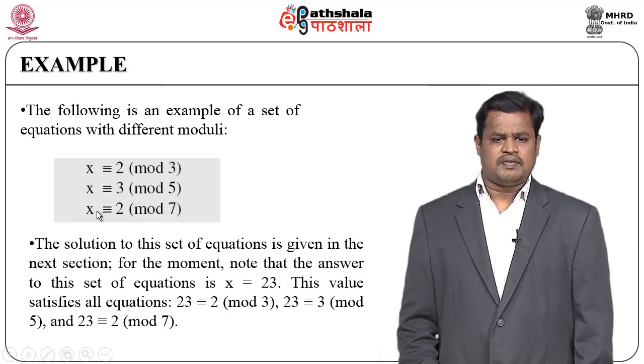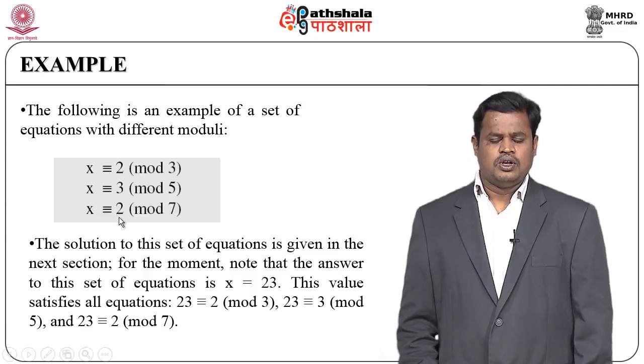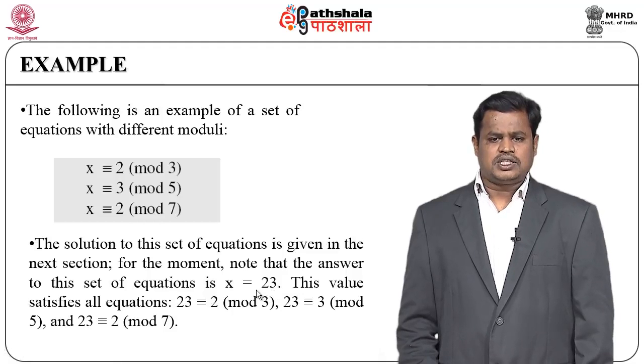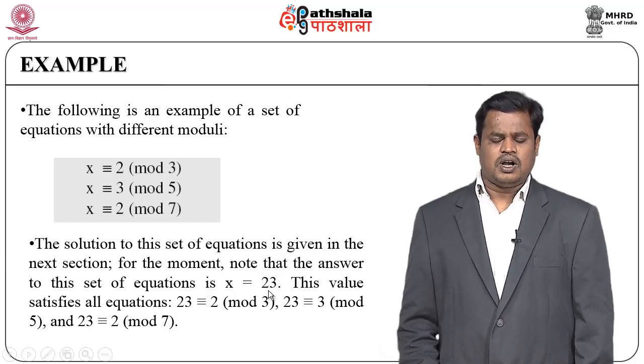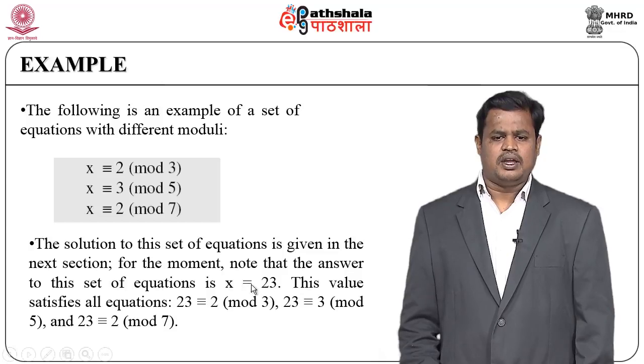Similarly, 23 mod 7 is 2, because 3 sevens are 21, and the remainder is 2. So, now we got the answer for that story, that is, x is equal to 23. That means the x inside the basket was 23, so the rider has to pay the amount 23.